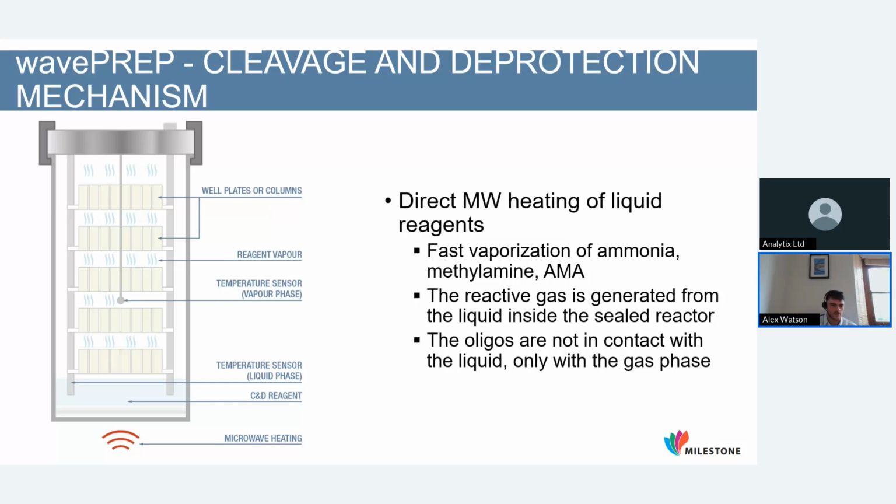They're coupling with the microwave energy that's coming in from the bottom here, rapidly raising the temperature and vaporizing to generate the reactive gas phase. And that gas phase permeates either our columns or our deep well plates, interacting with the oligos and performing cleavage and deprotection. So we're not soaking our oligos in liquid phase, we're just doing it all in gas phase.